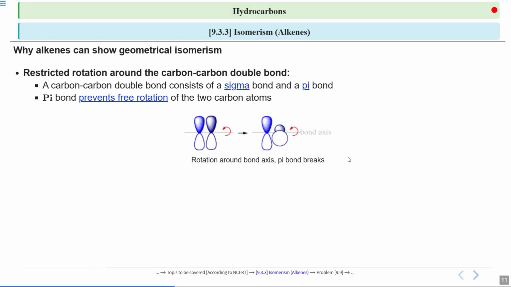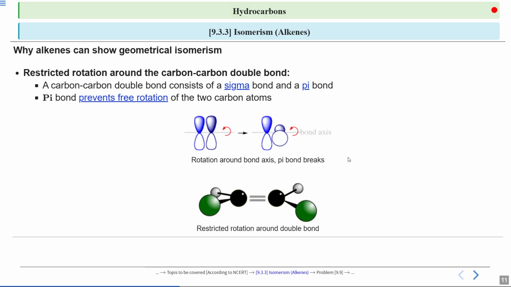But when you rotate one of the carbons, both p orbitals are no longer parallel; specifically, they are perpendicular to each other, which is an inappropriate condition for sidewise overlap, and hence you are breaking the bond by rotating the molecule. So, this visual representation clearly tells us that if we try to rotate it, it will stop at a point due to the double bond.